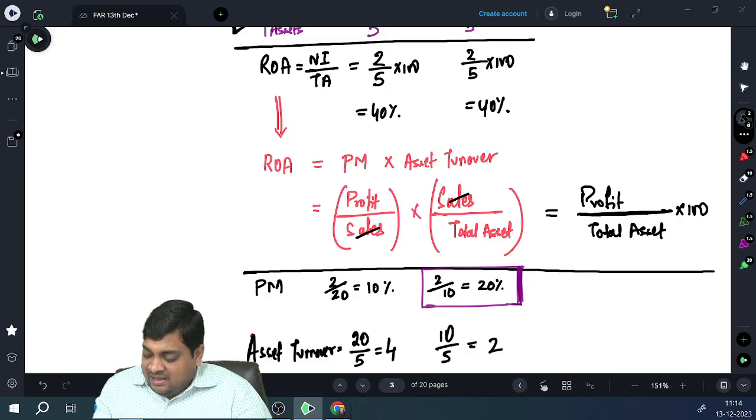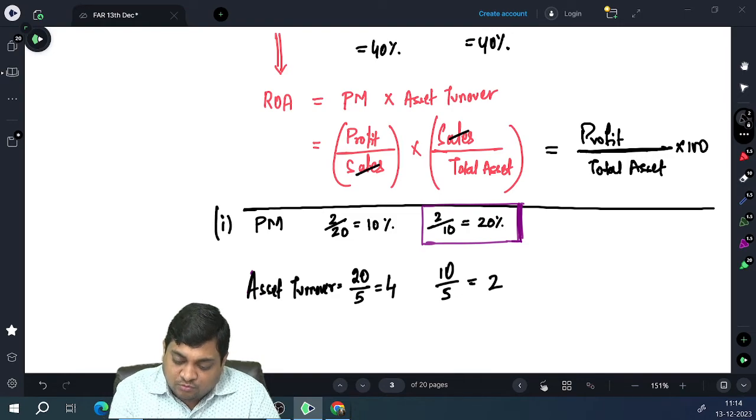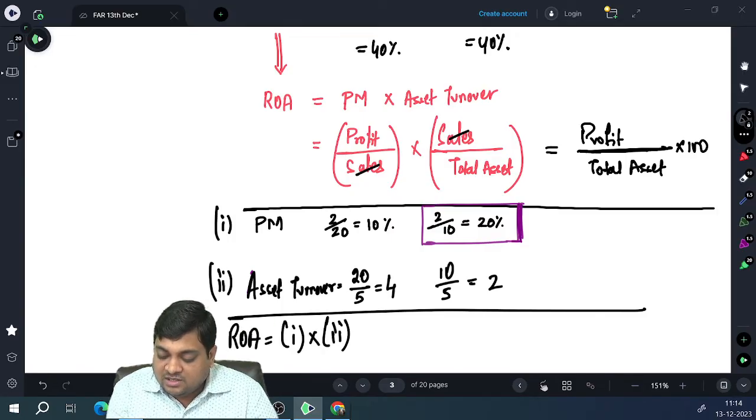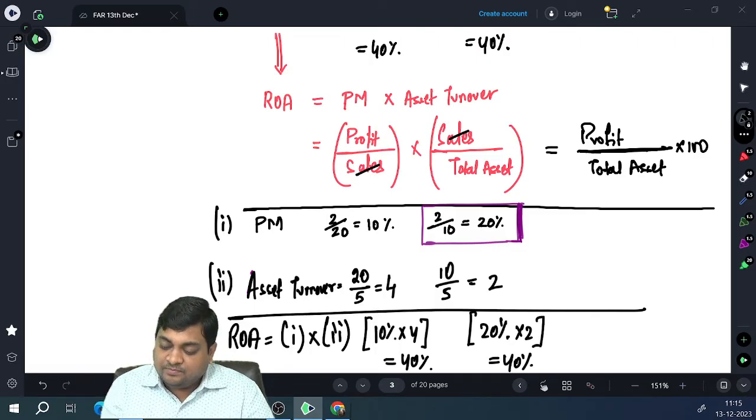So ultimately if I multiply these two, it will be profit margin into this. So it is 10% into 4, that comes to 40, and out here it is 20% into 2, that gives me 40, right?